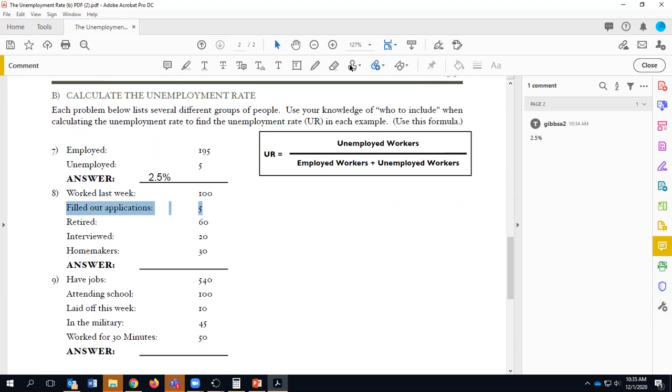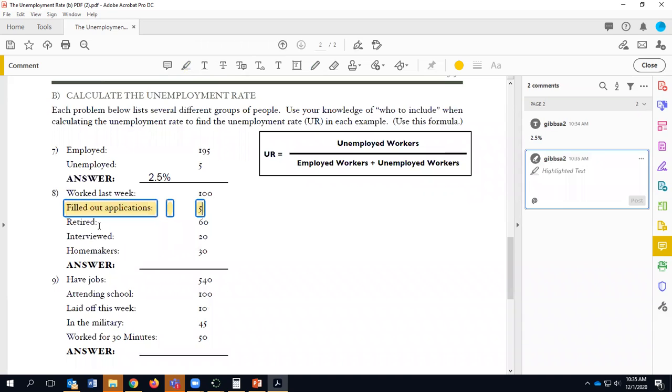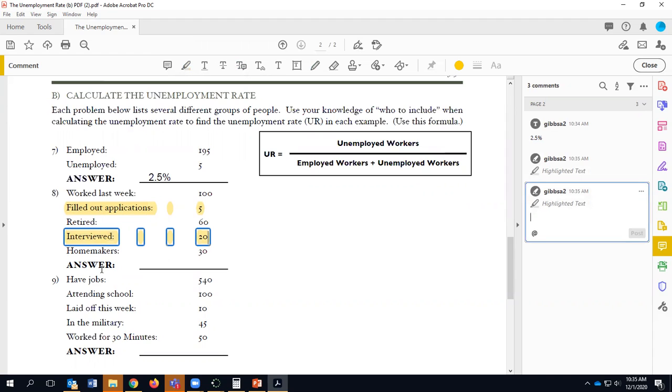So we're going to include them. If they've interviewed, that means they're looking for a job. Homemakers, are they looking for work? No. If they're retired, are they looking for work? No. So the only 2 that we're going to include in our unemployed workers are the filled out applications and interviewed.